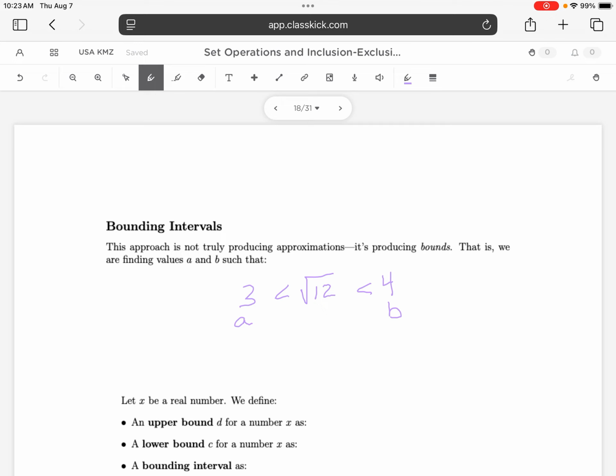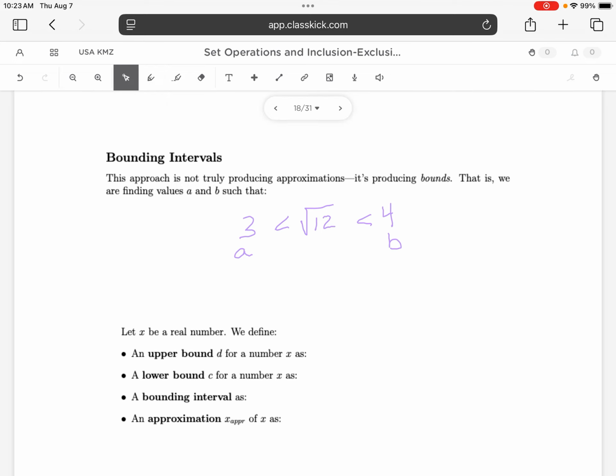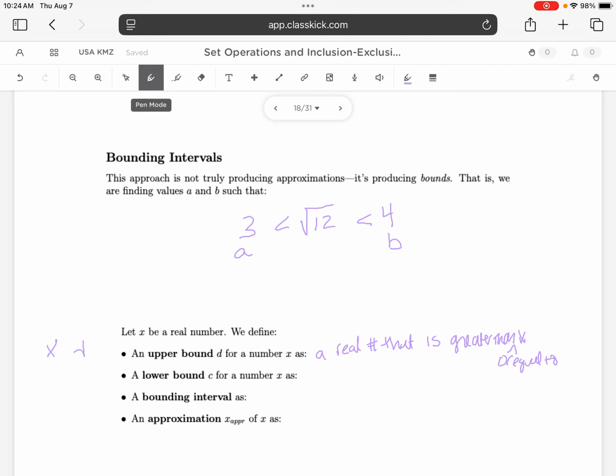So for a number x, we define an upper bound, d, to be a real number that is greater than or equal to x. And so really, an upper bound for x is just some number d that's greater than or equal to x.